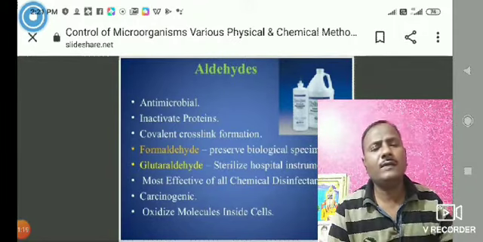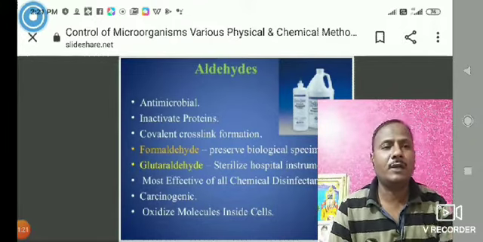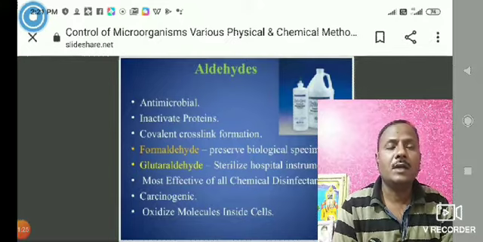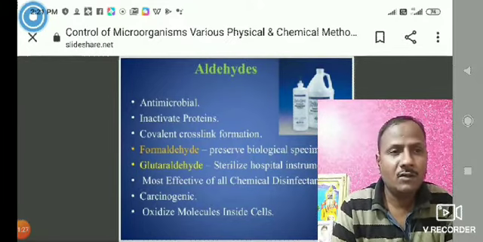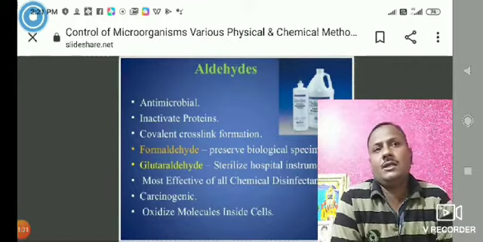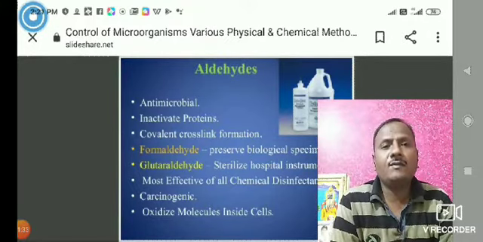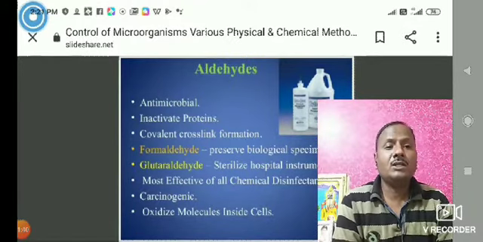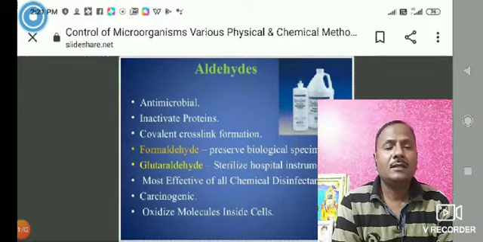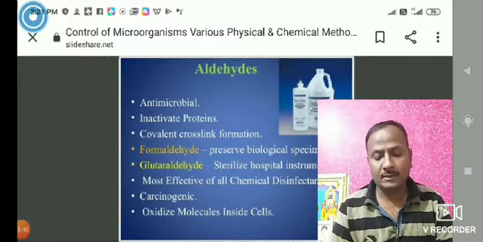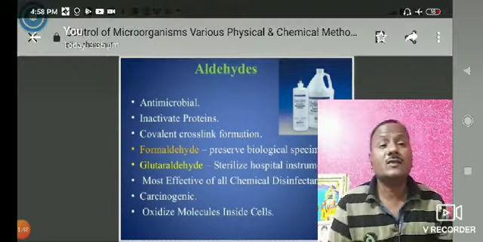That's why gaseous as well as vaporized forms of chemicals are mostly used to control the air microorganisms, especially formaldehyde, beta propiolactone as well as ethylene oxide.